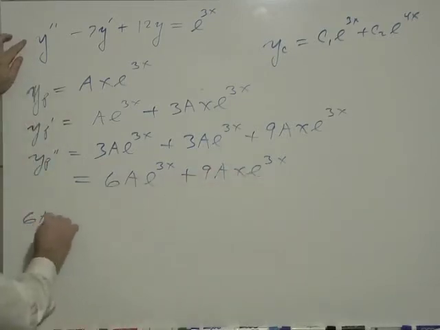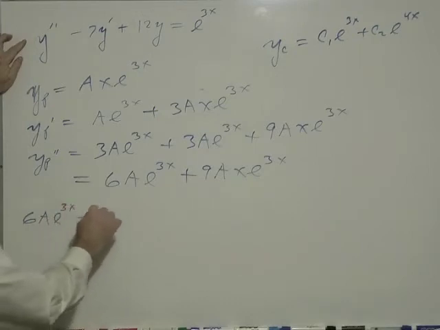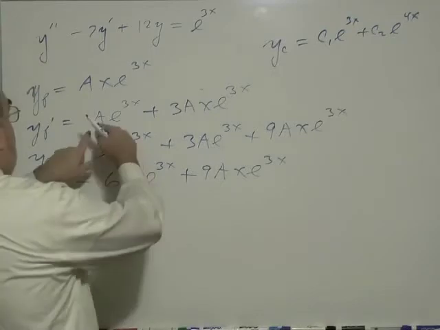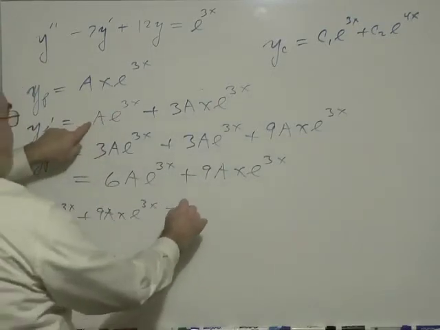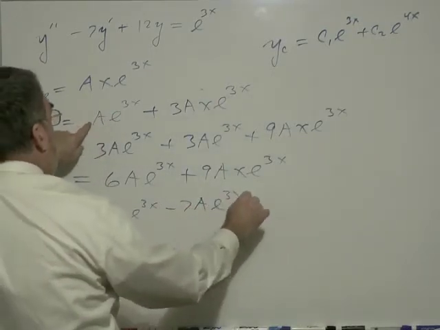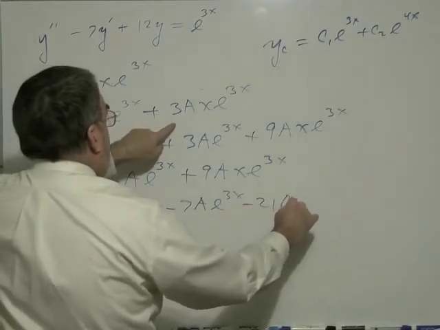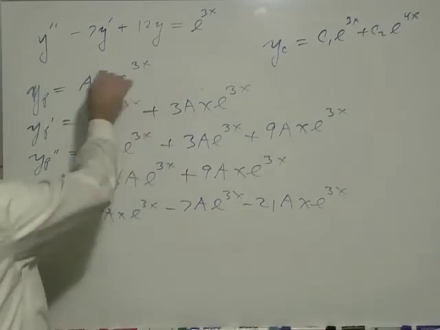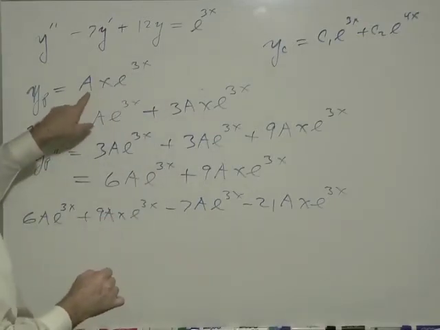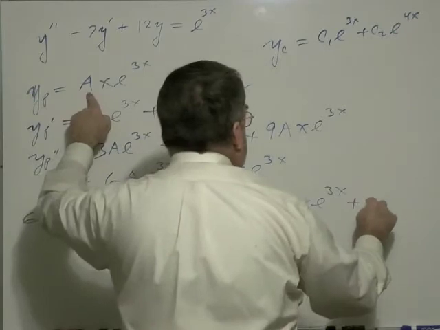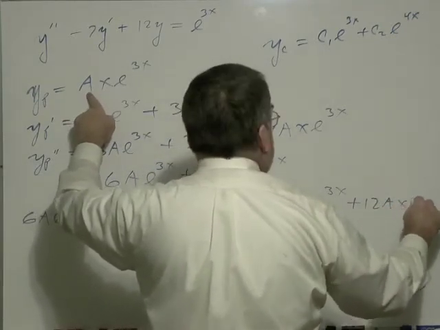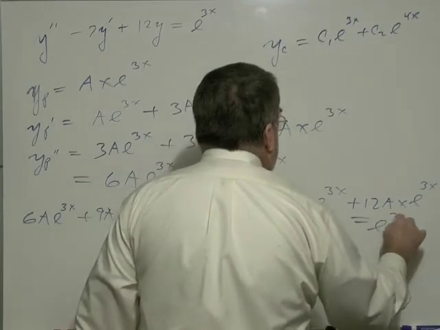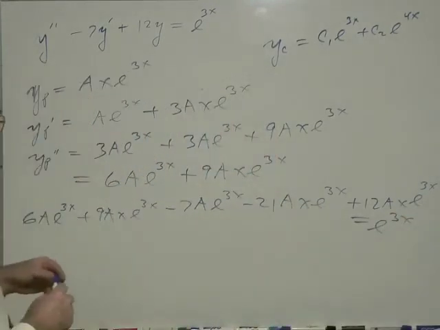So I'll rewrite it: 6a e to the 3x plus 9a x e to the 3x, minus 7 times my first derivative, so it's minus 7a e to the 3x minus 21a x e to the 3x, and then plus 12 times my particular function, 12a x e to the 3x, and all this equals e to the 3x.